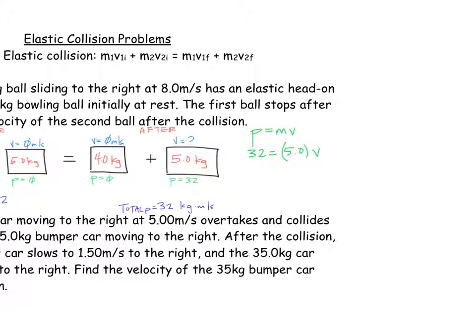Well, to get V by itself, I need to do the opposite operation, and that is to divide by 5 on both sides. So these 5's now cancel, and that gives me V all by itself, and 32 divided by 5 gives me 6.4 meters per second. That is the velocity of the 5 kilogram ball after the collision.